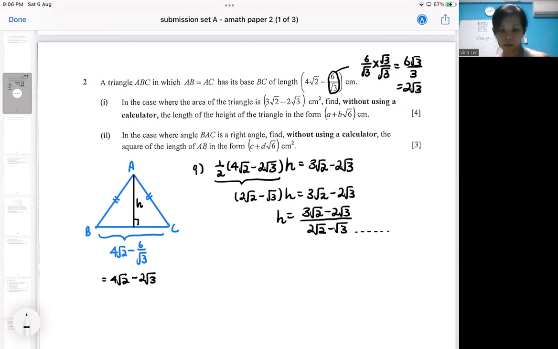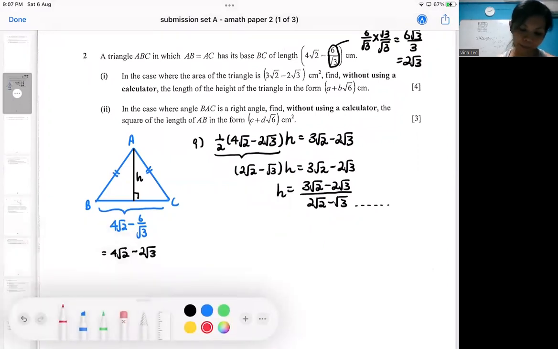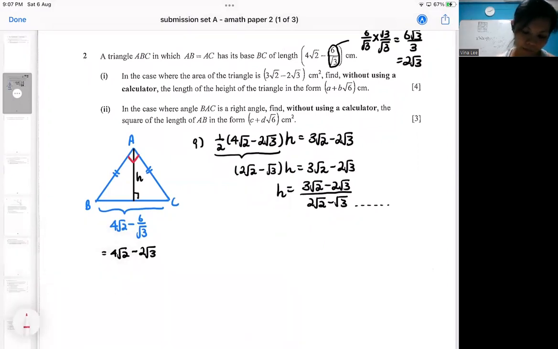Then in the next situation, they say that BAC is 90 degrees. It doesn't look like 90, just imagine it looks like 90 here. So we are supposed to find AB.